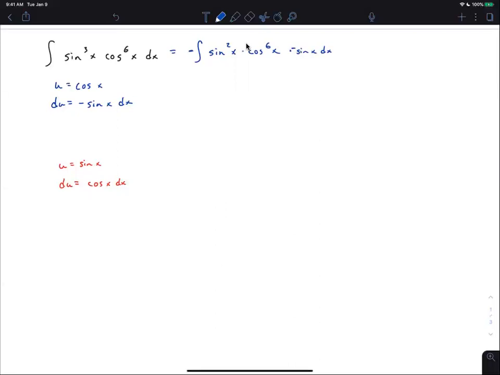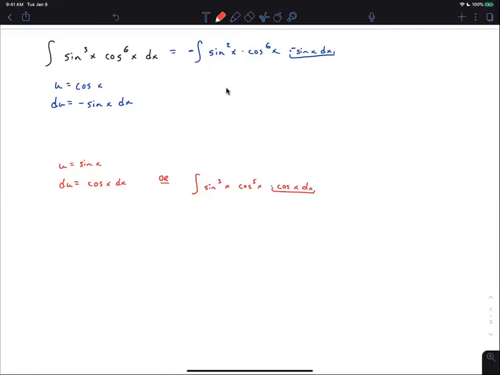And now this is du at the end of the problem. We could do the same thing here where we separate out a cosine for the du. And now we don't have to deal with the negative, but aside from the negative, that's the same thing.